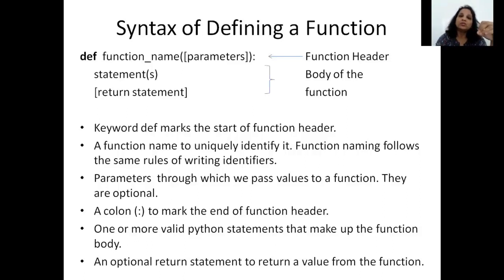Suppose I was writing a function to reverse a string. Then what is the requirement before I do the task of reversing the string? What do I need as an input? The string. So the string becomes your parameter.